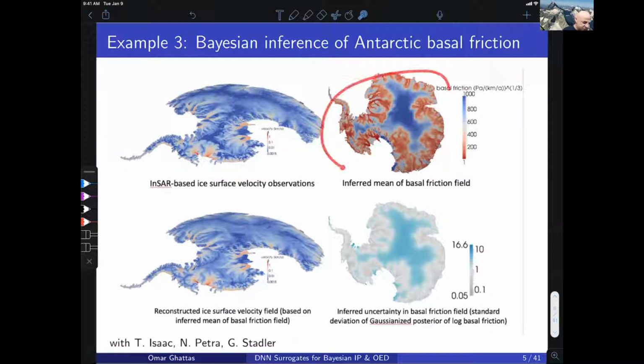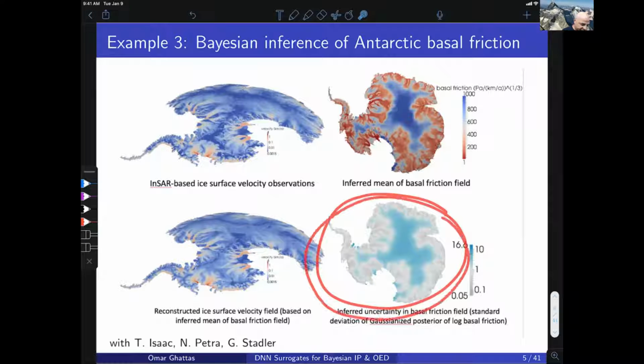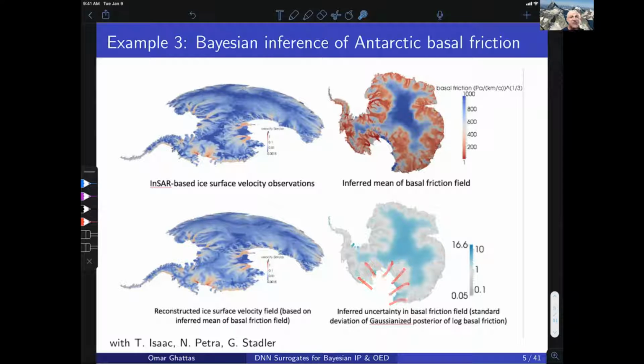So this is the inverse solution. And this is the Laplace approximation. This shows the standard deviation field. You can see much lower standard deviation near the ocean where the ice is flowing fastest. That's where we learn the most about the friction at the base of the ice sheet from the surface velocities.